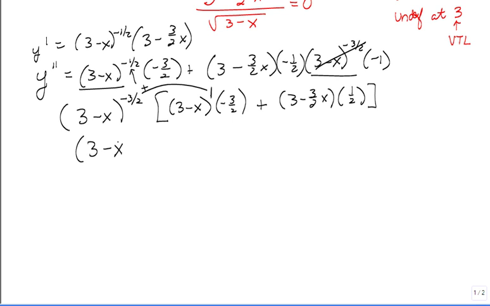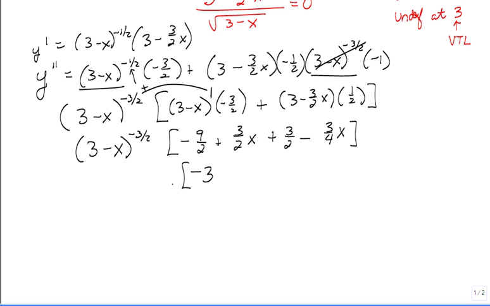So that's 3 minus x to the minus 3/2. Again, I picked a more difficult problem just so you can see this. I do the same steps. So inside here, I have minus 6/2, which is minus 3.